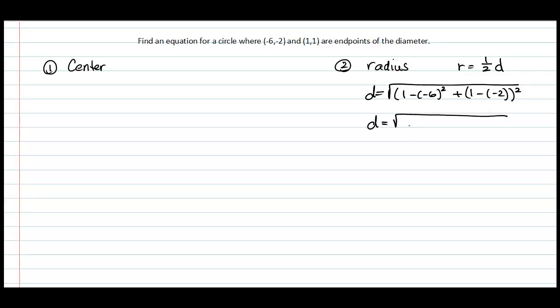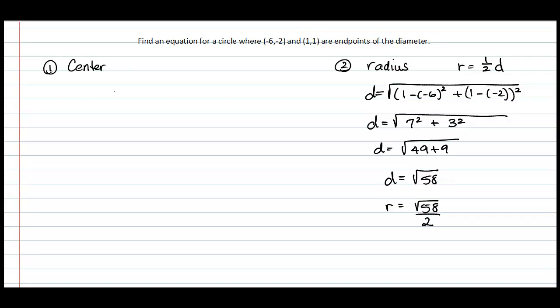The diameter simplifies to be 7 squared plus 3 squared, and that should give you the square root of 49 plus 9, which is the square root of 58, but that is the diameter. Therefore, the radius is going to be half of that, which is the square root of 58, all divided by 2.